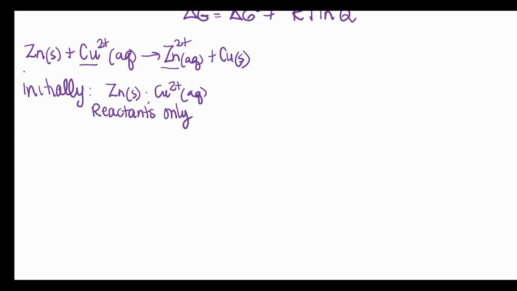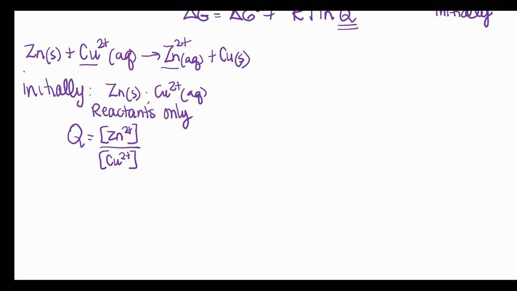And they'd start to react. If I think about where we're at in the process, we're not at standard initially. So how would I describe where we are? We talk about our friend Q, taking a picture of where we are on the way to reaching equilibrium. Q would be products over reactants, which would just be zinc ion over copper 2.